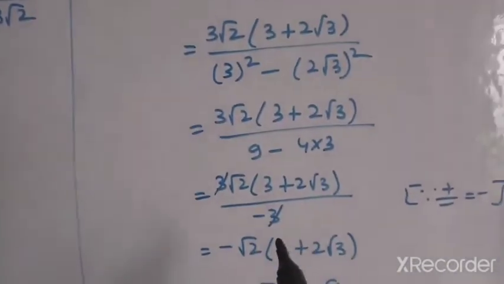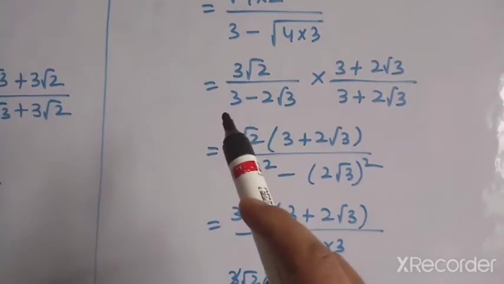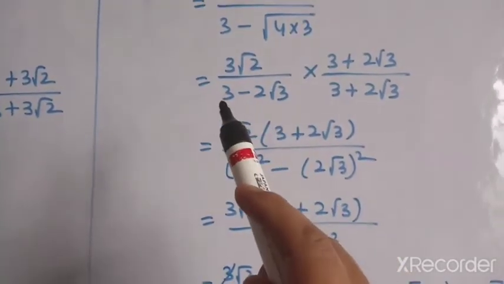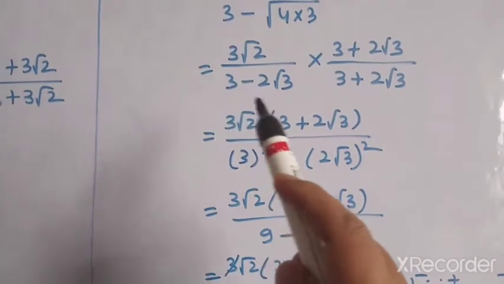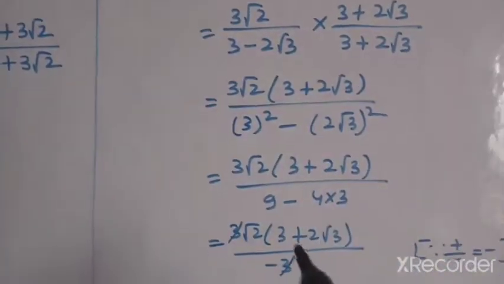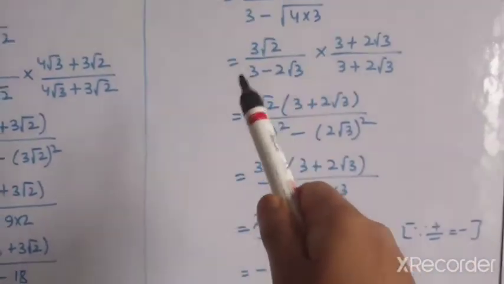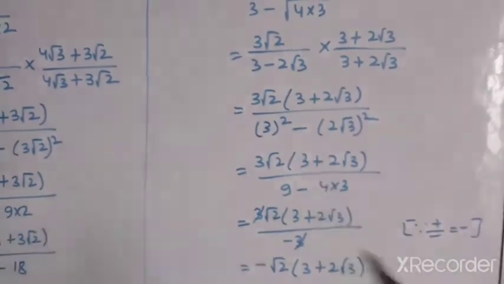That's why you are getting a negative sign. If you have plus, you can write this in front and you can write this at the back. This is allowed only if there is plus. If there's minus, you have to do as it has been done here. You cannot change. If it is plus, you can bring this one in front and take this one at the back.